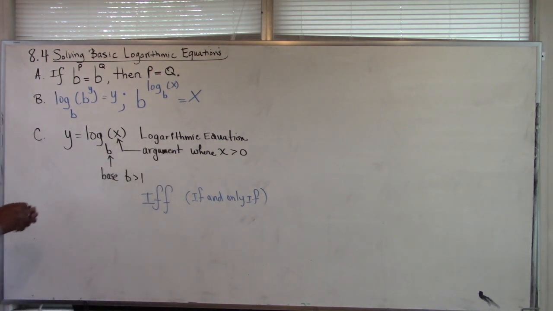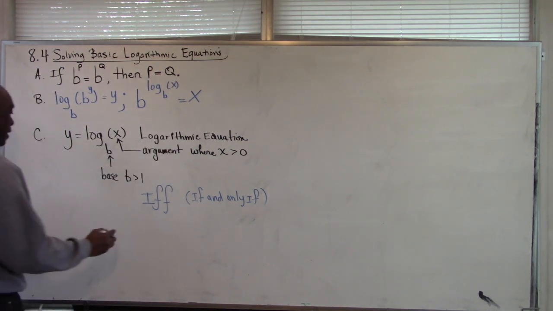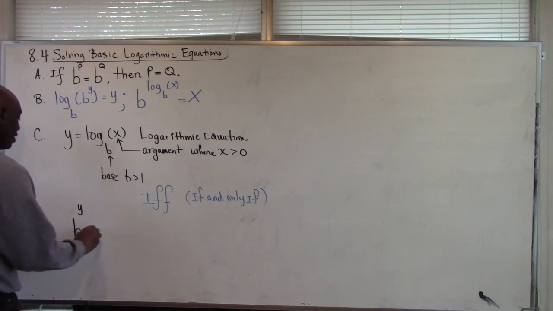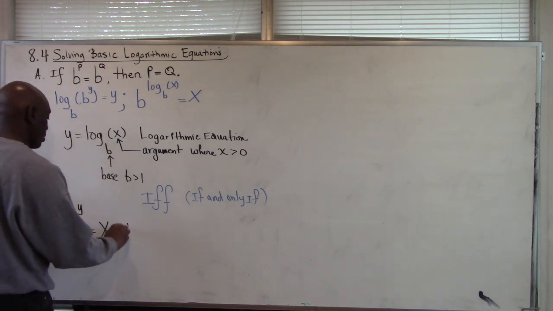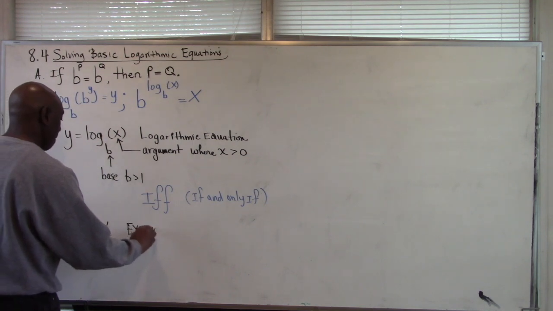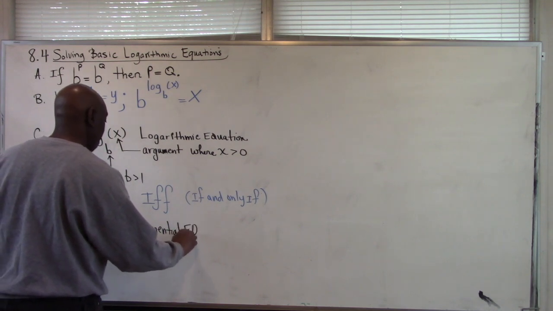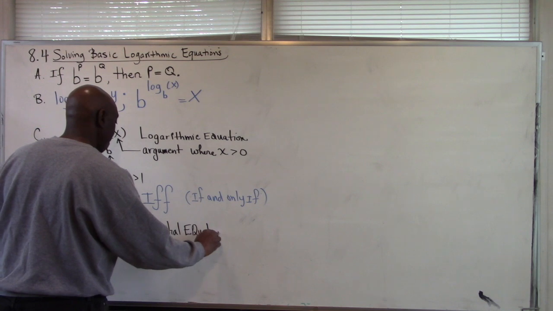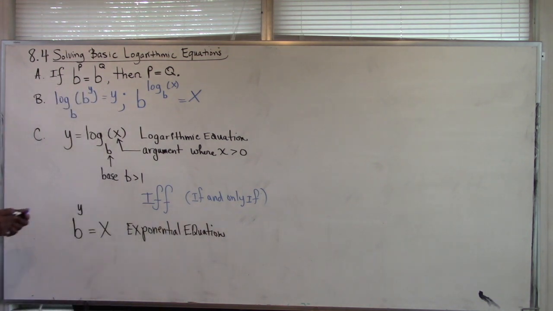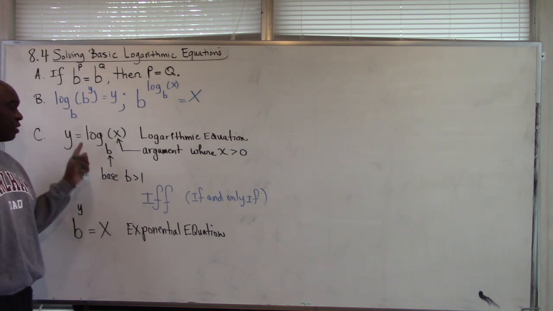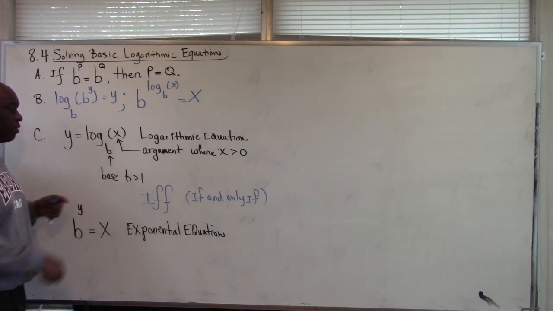This is true if and only if this is true, that b to the power of y equals x. This is an exponential equation. So this is true if this is true, and if this is true, then this right here is also true. It goes back and forth either way.